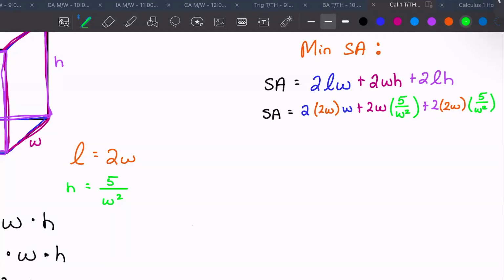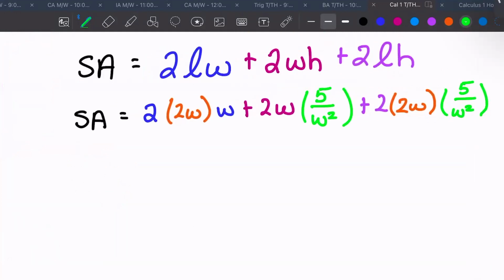Okay. So let's clean up each of those real fast. So that's 4W squared. Plus 2 times 5 is 10. And then W over W squared is just 1 W in the bottom, right?